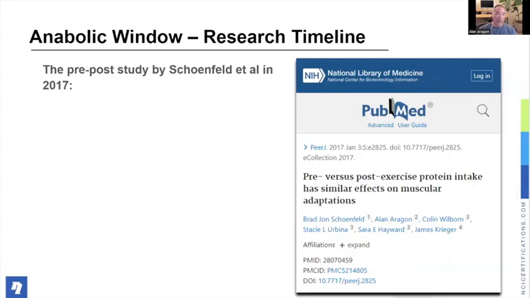So after we did that meta-analysis, a few years afterwards, in 2017, we did a study that directly investigated the post-exercise anabolic window concept. We figured that if indeed there is a post-exercise anabolic window of opportunity to feed and expedite muscle growth, then maybe it could be achieved by an immediate pre-exercise protein dose. And this is because of the time course of appearance of nutrients in the blood after you consume a meal.